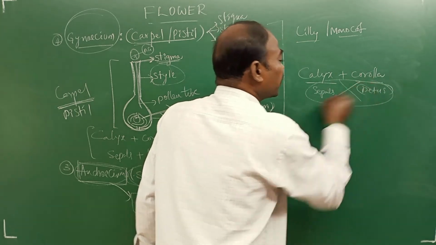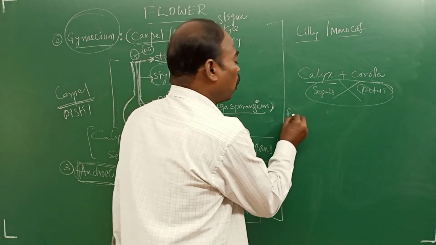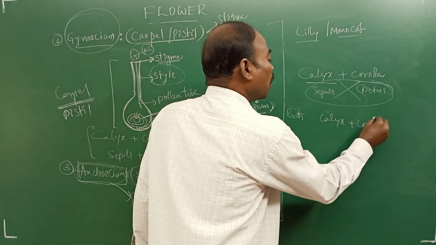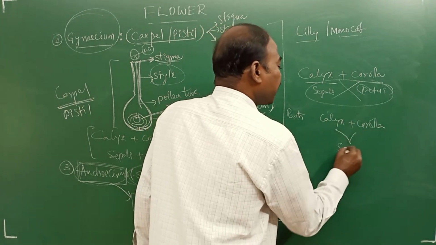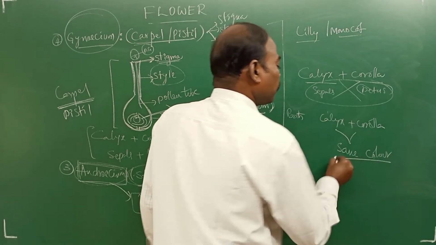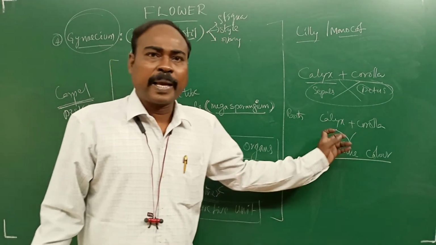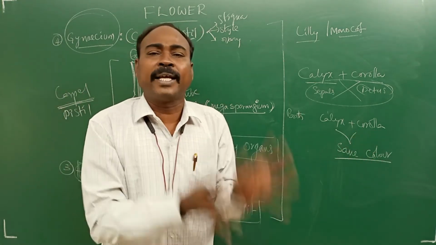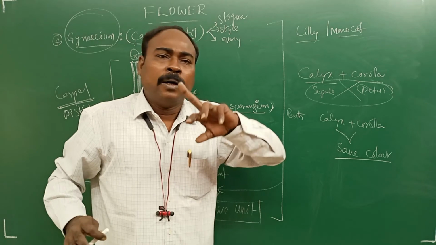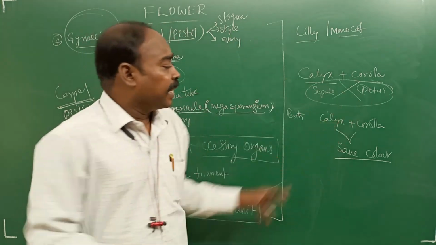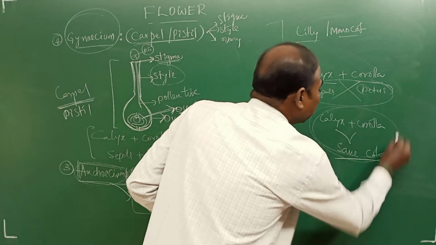These are not differentiated. Both calyx and corolla are the same color, green or another color. Since the two whorls are the same color, there is no use for the terms calyx and corolla.